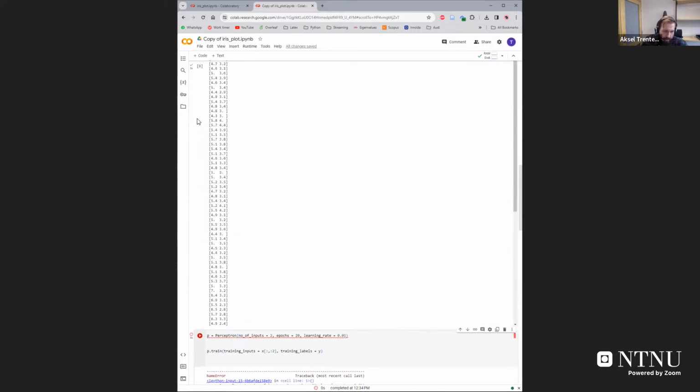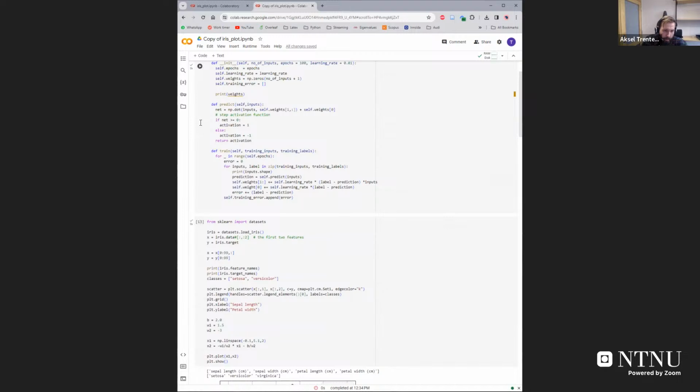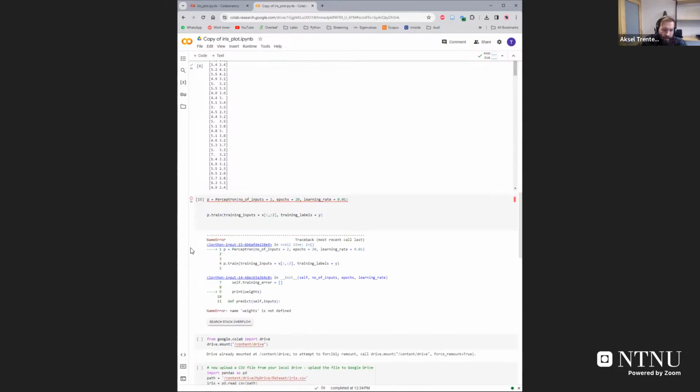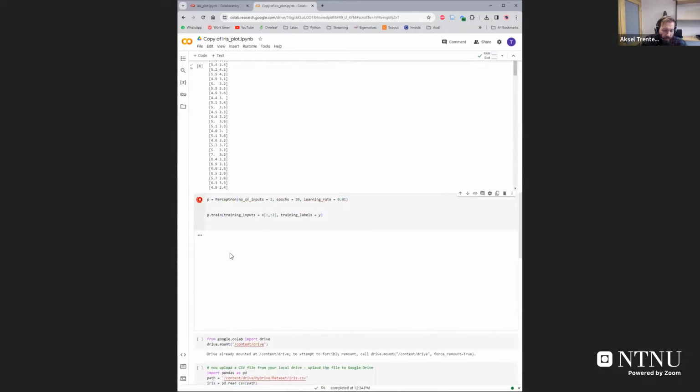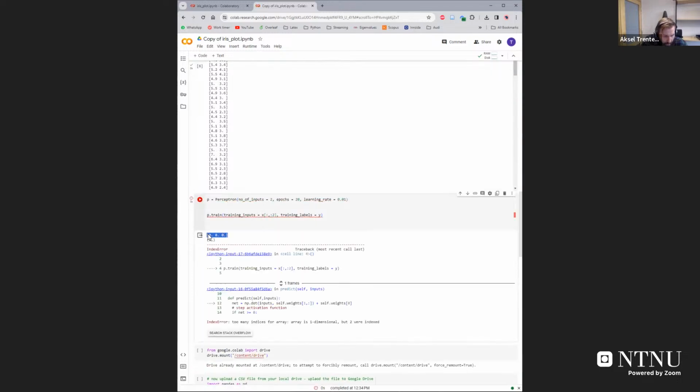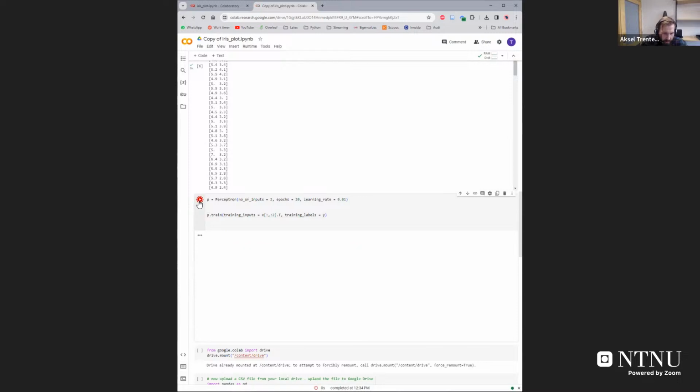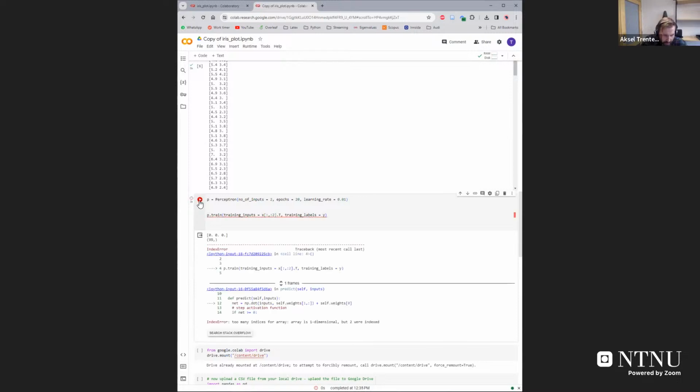Oh, that's a new bit. Wait, let's see. Just want to see, yeah, that's correct, right? So yeah, but do we need to just transpose it?